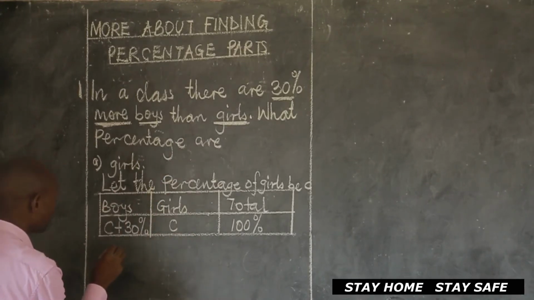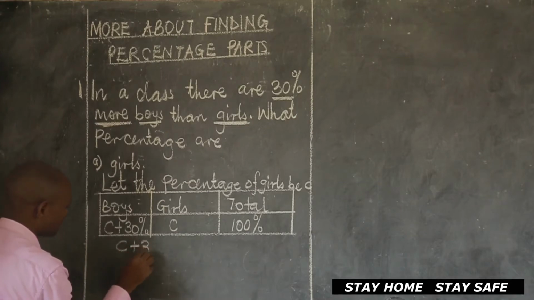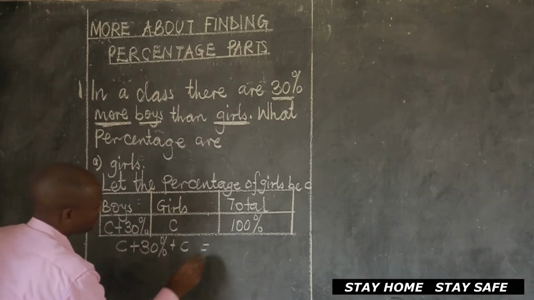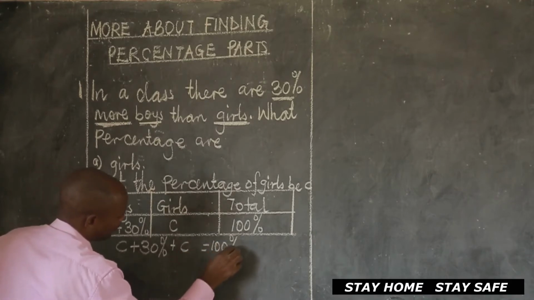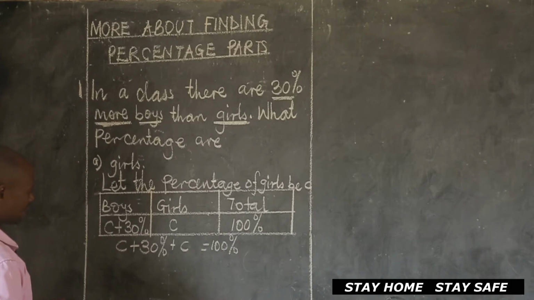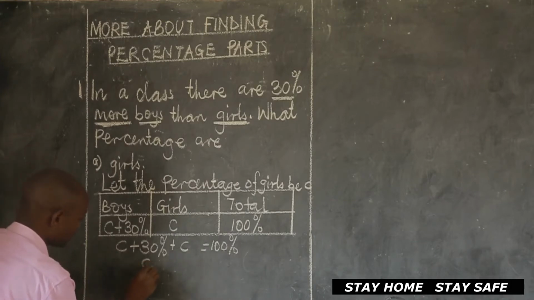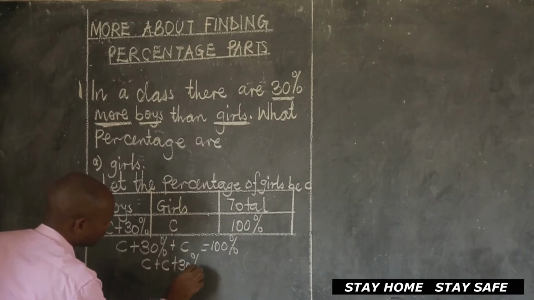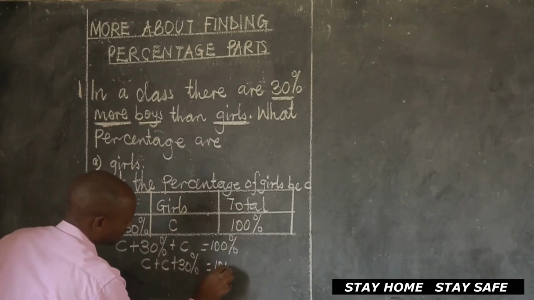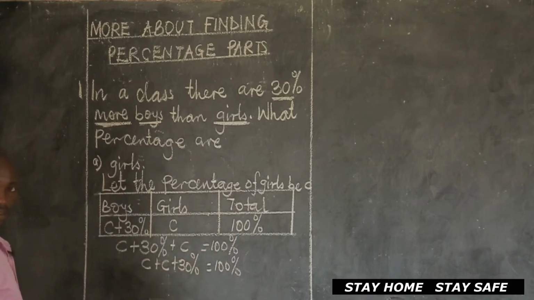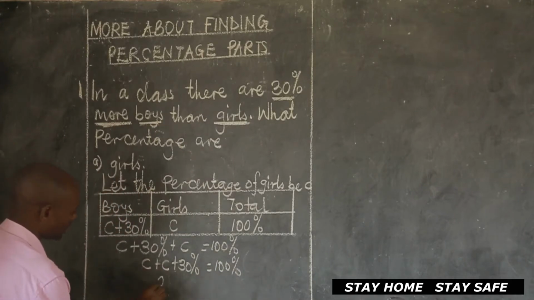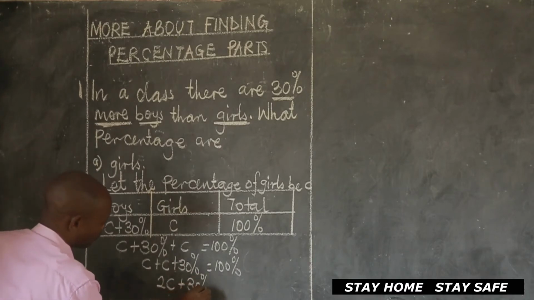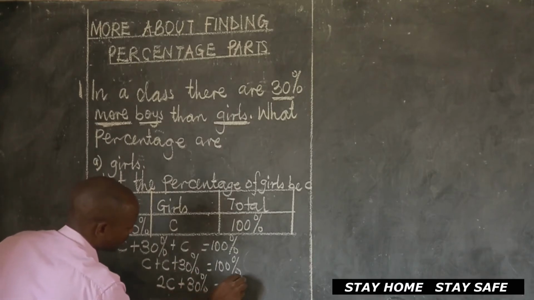From your equation, we shall have C plus 30%, then plus C is equal to 100%. You go ahead and collect like terms together. This is C plus C, then plus 30%, which is going to give us 100%. In algebra, C plus C gives 2C, plus 30% is equal to 100%.